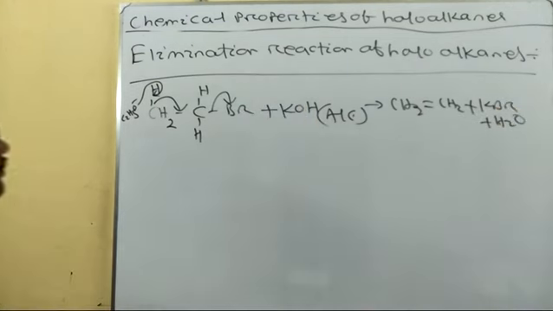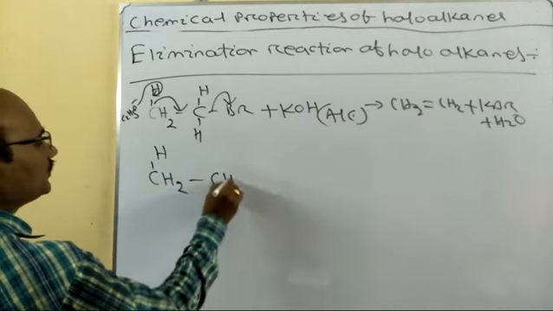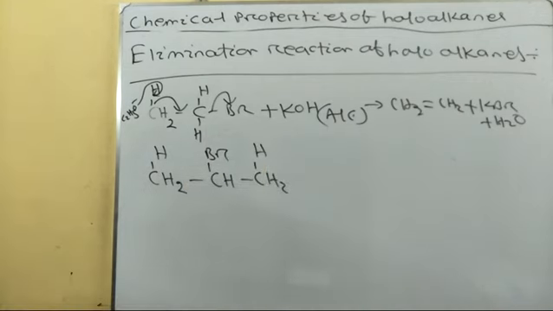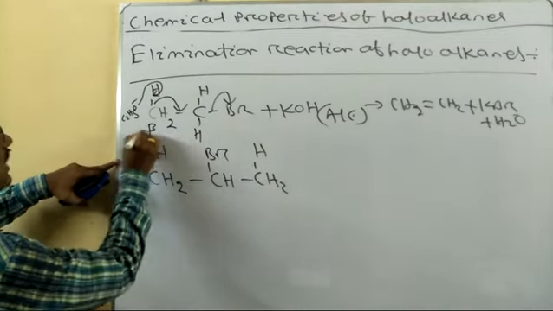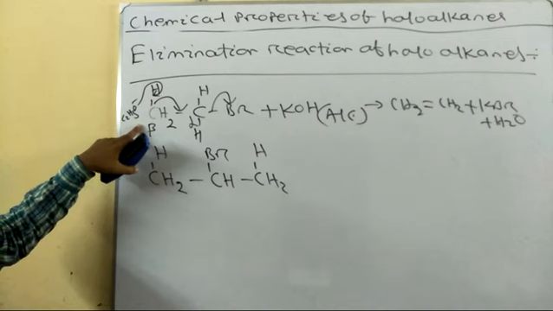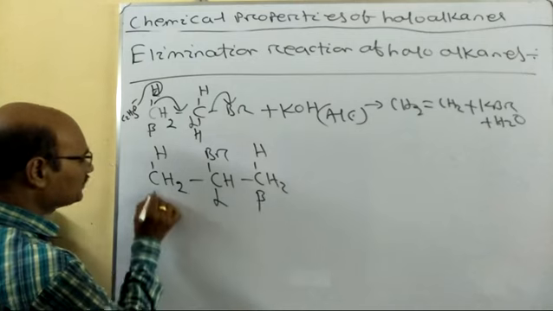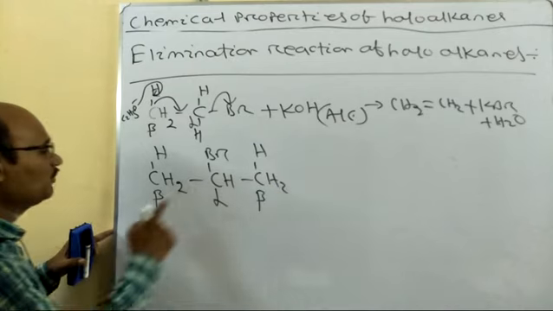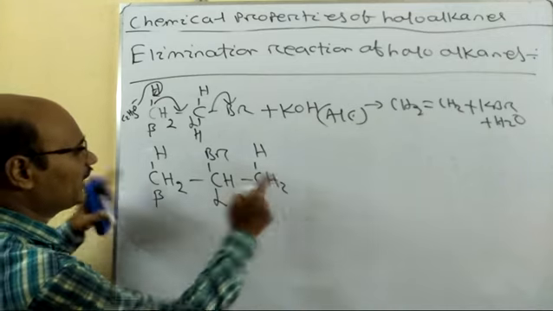Now if I have CH3CH2CH2Br, see here, this is the beta carbon, this is the alpha carbon. From the alpha carbon a hydrogen atom is removed, and from the beta carbon a hydrogen atom is removed. Now consider the symmetrical haloalkane CH3CHBrCH3, where this is alpha and both are beta carbons, with the same alkyl groups on both sides.